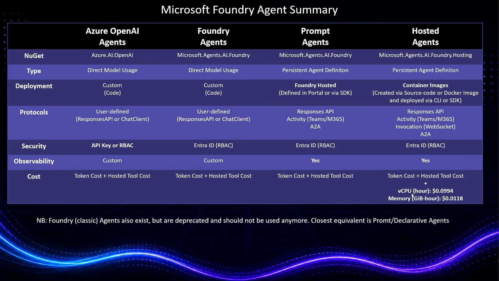So for each virtual CPU hour, you need to pay 0.0994 US dollars. And for memory hours, based on what you have defined, you need to pay this amount as well. If you make a hosted agent and you have 3 people who access that hosted agent at the same time, you're essentially spinning up 3 small virtual machines. And whenever they run, it costs this per hour.